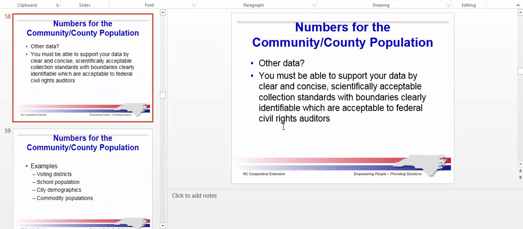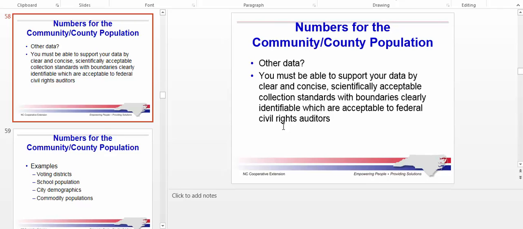If you want to use other data, including community data, you must be able to support your data by clear and concise, scientifically acceptable collection standards with boundaries clearly identifiable, which are acceptable to federal civil rights auditors.